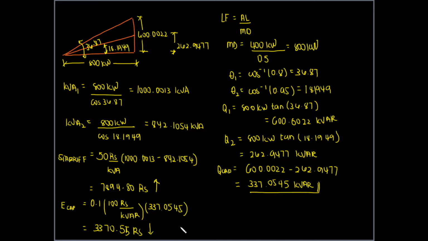So the annual savings must be the difference between the two. So 7894.8 minus 3370.55.